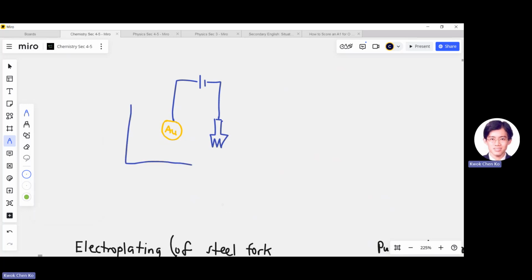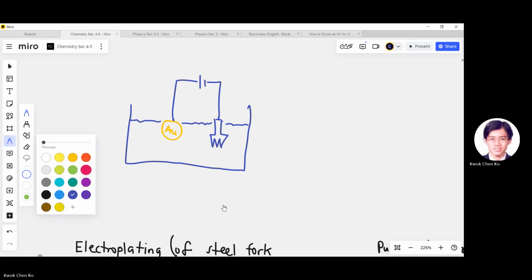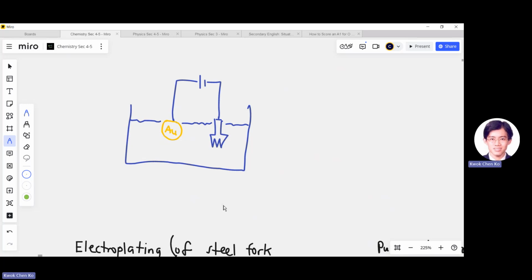Notice everything else is still the same. You still have your 2 electrodes. You still have your electrolyte. But the important thing is you are trying to plate your fork with gold, which can be done if you have the gold with you.